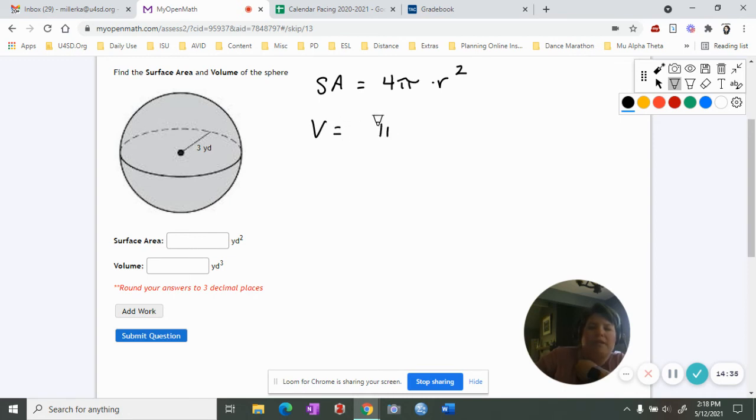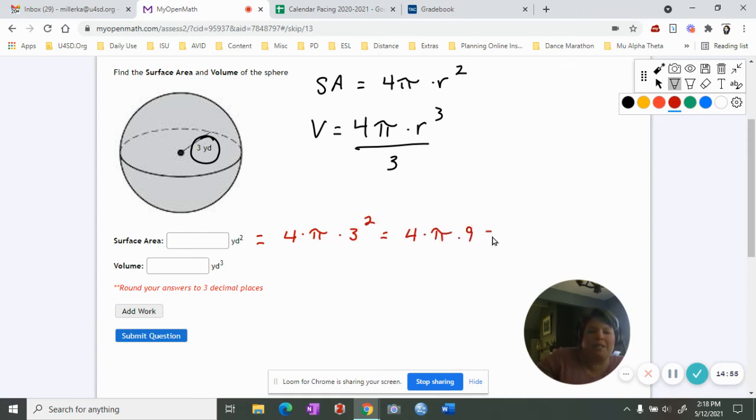Our volume is 4 pi times the radius cubed divided by 3. So I know my radius is 3. So surface area is going to be 4 times pi times 3 squared. 3 squared is 9. 4 times pi times 9, or 36 pi.